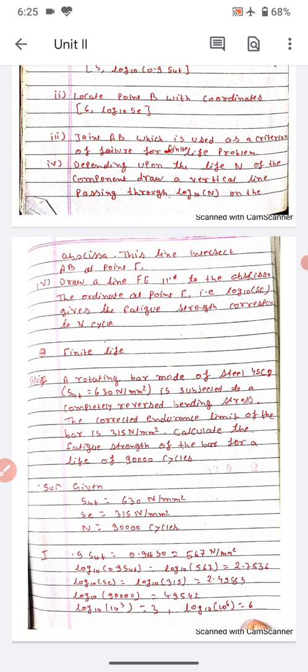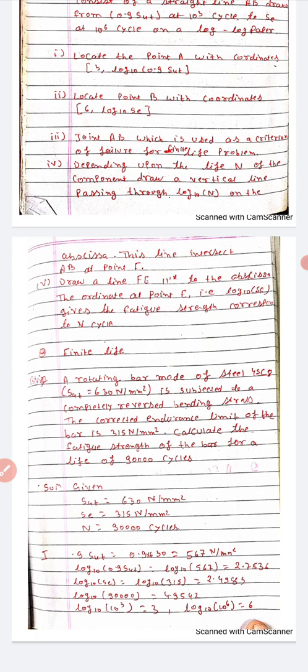The bar is subjected to a completely reversed bending stress, meaning tensile then compressive, repeatedly. The corrected endurance limit of the bar is 315 Newton per millimeter square, that is the SE value against 10 power 3 cycle.